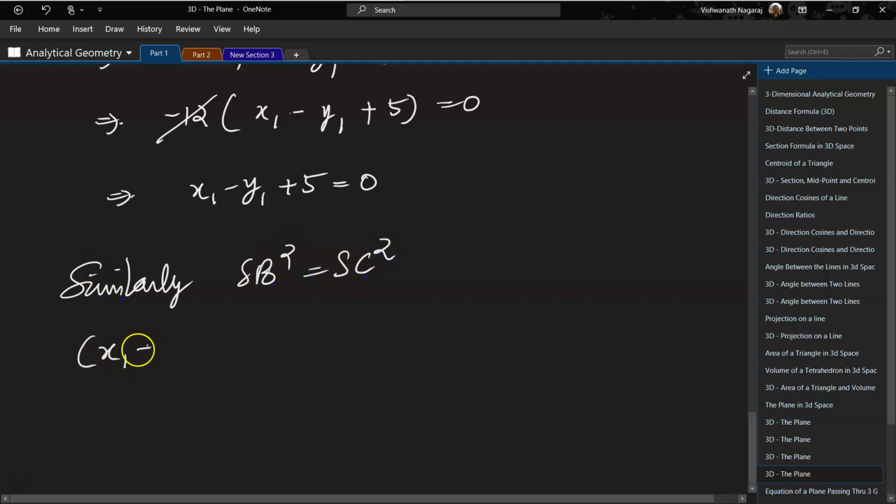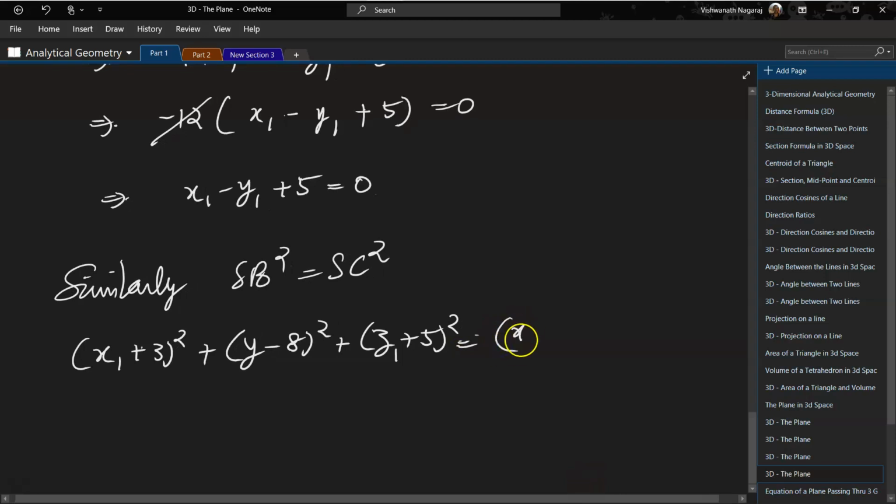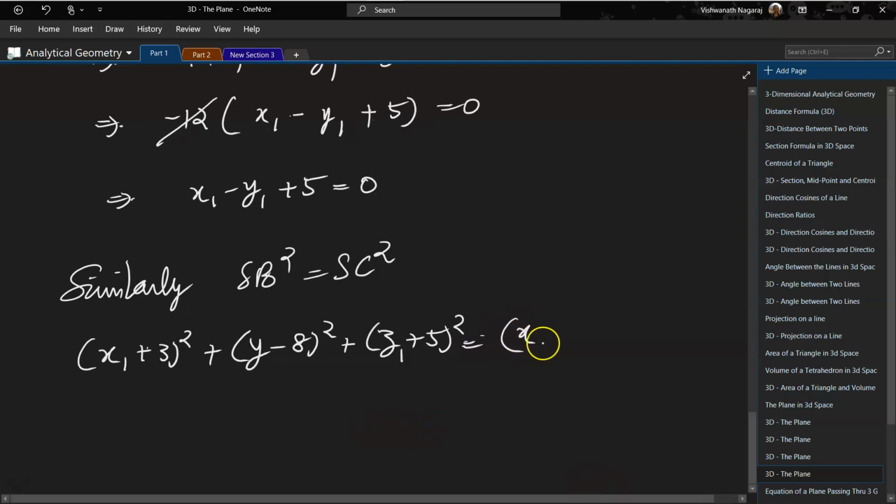So similarly, SB square is equal to SC square. So x1 plus 3 square plus y1 minus 8 square plus z1 plus 5 square is equal to x1 plus 3 square plus y1 minus 2 square plus z1 minus 1 square.